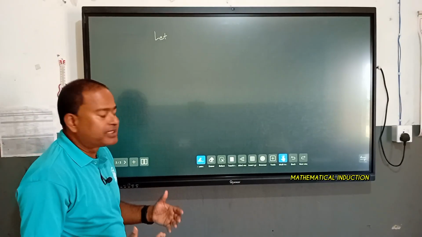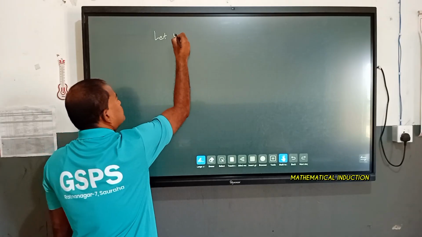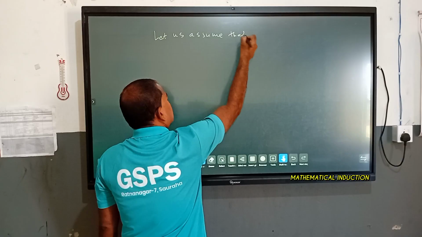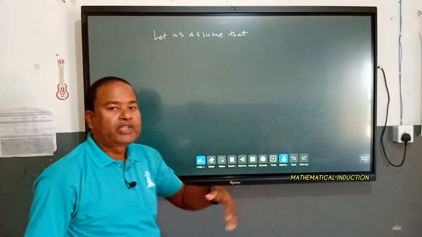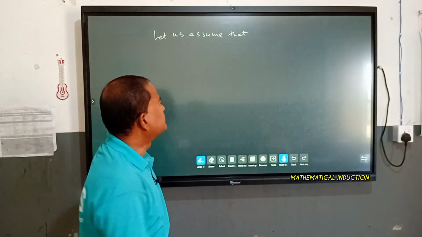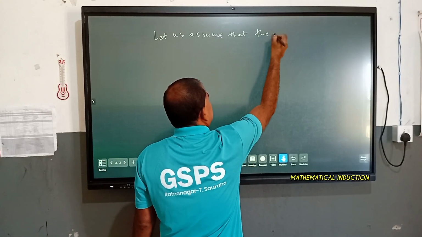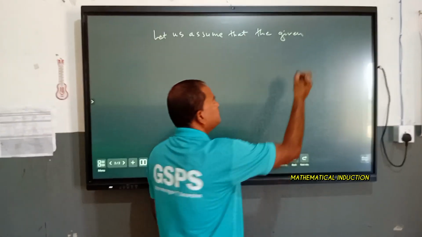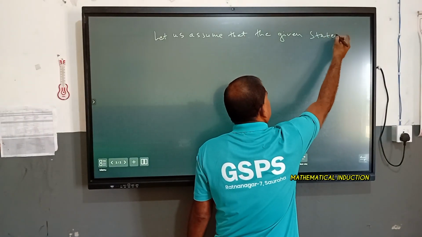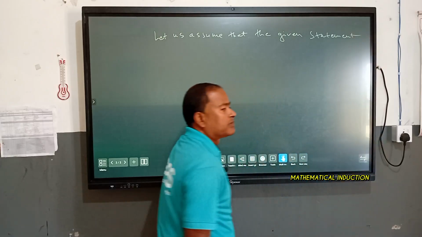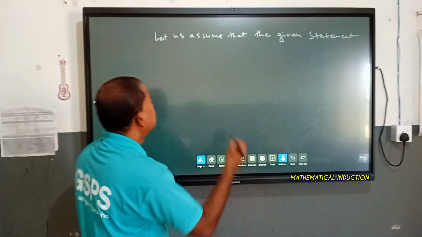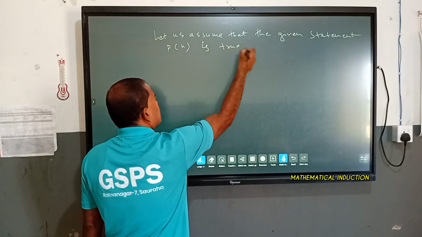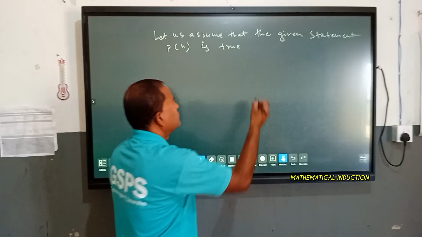The second step is, let us assume, or we can say, let us suppose that the given statement, that means Pn, is true for n equals k.